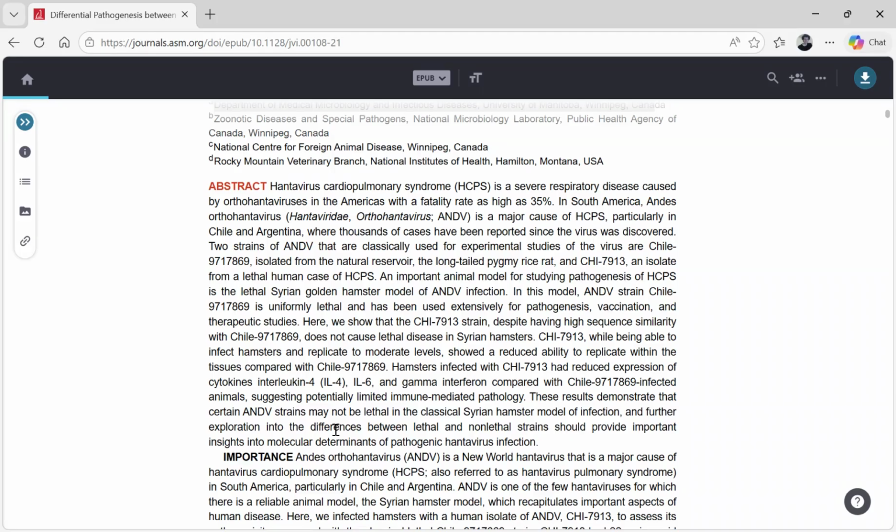Two strains of Andes virus that are classically used for experimental studies of the virus are Chile-9717869, isolated from the natural reservoir, the long-tailed pygmy rice rat, and CHI-7913, an isolate from a lethal human case of HCPS.